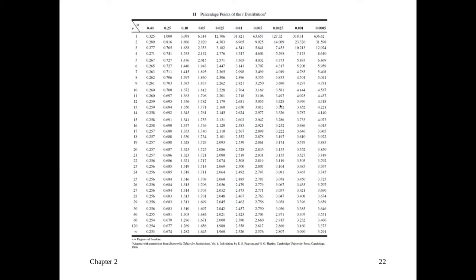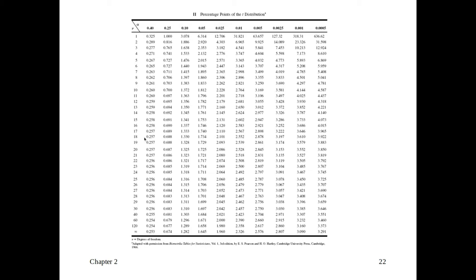The degrees of freedom is in this column here. 18 degrees of freedom we have, n1 plus n2 minus 2. So that is the row we need to look at. And we need to look at the 0.025 alpha by 2 value.